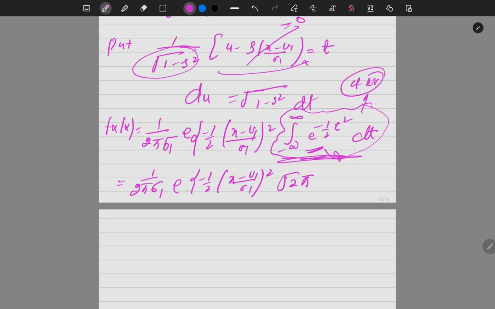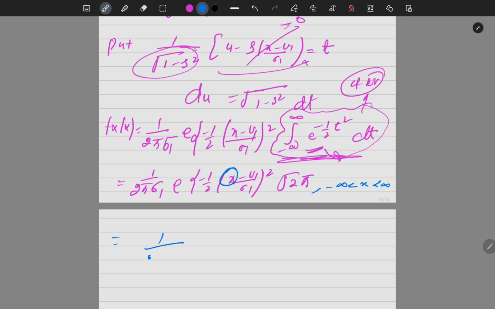So this is equal to this, and you are seeing what the limits of this x will be, because we have the variable x, so the limit will be this, right?